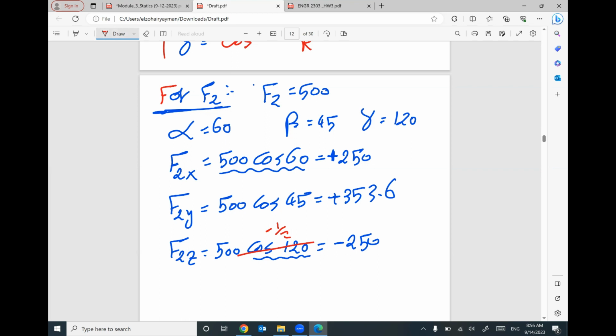So the final answer will be negative. This is your x, this is your y, this is your z.